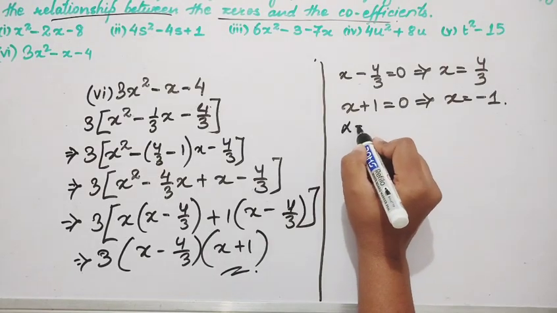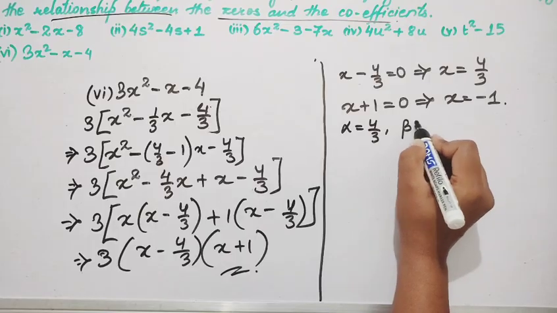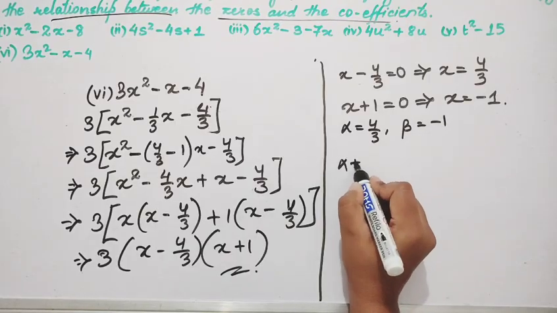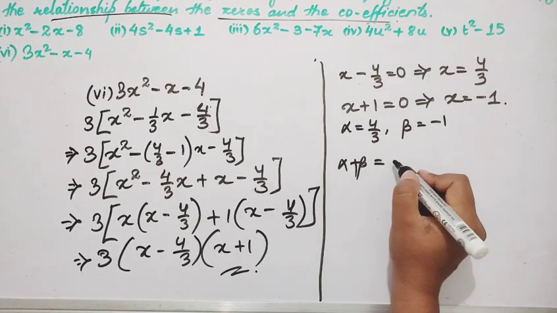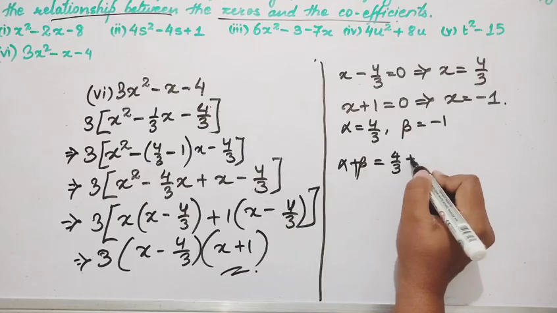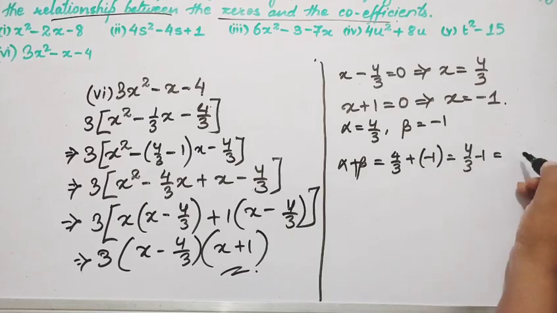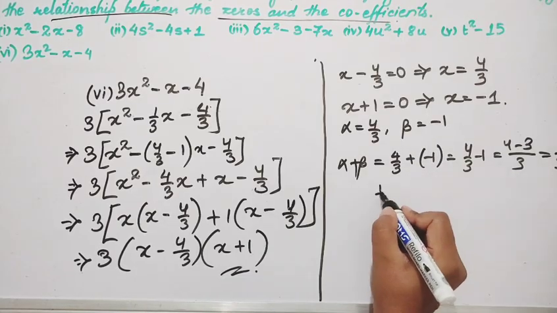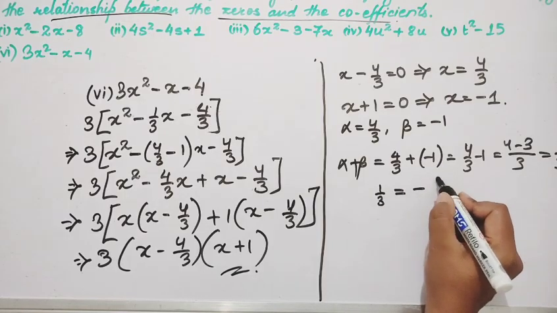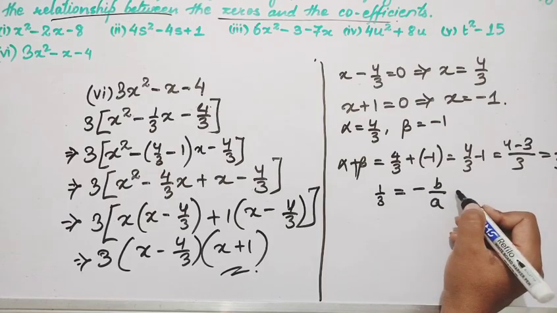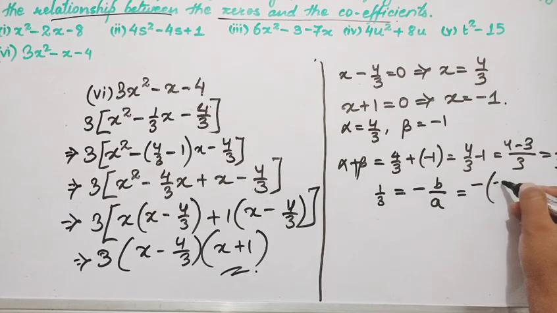We have alpha equals 4 by 3, beta equals minus 1. Alpha plus beta equals 4 by 3 plus minus 1, which is 1 by 3, which is minus b by a. How do we get that? b is minus 1 by 3 and a is 1.